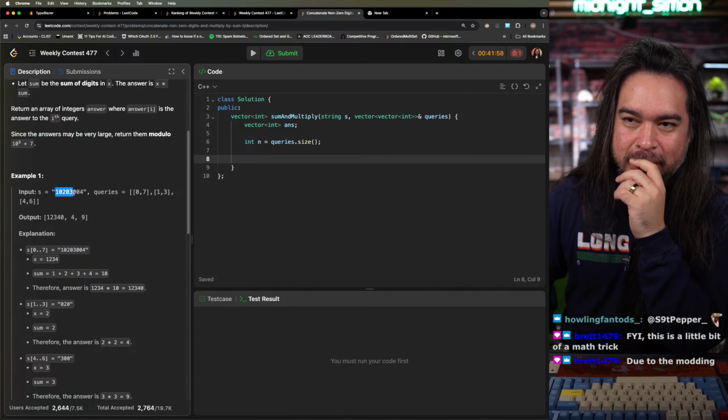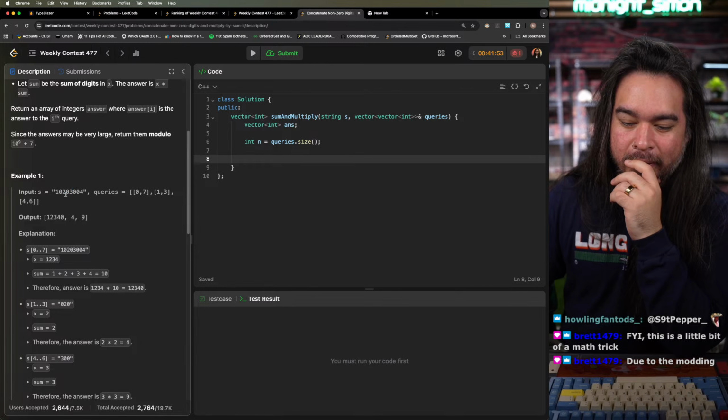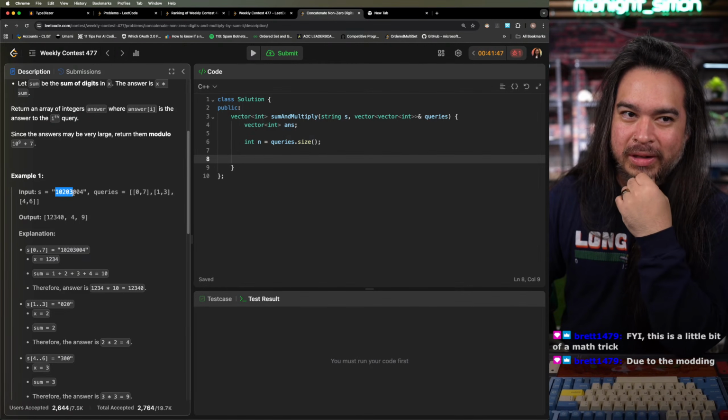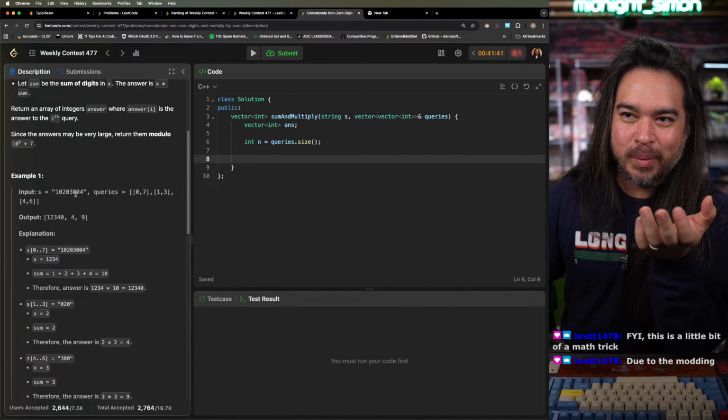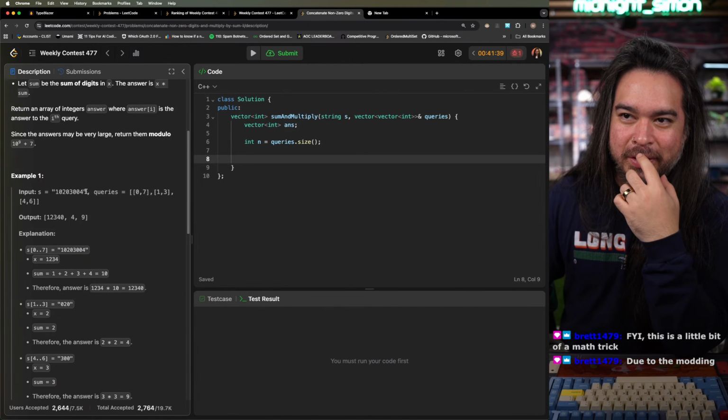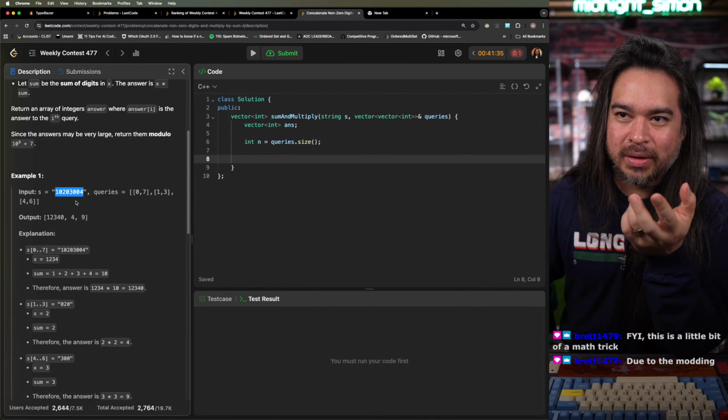Huh. Yeah, even knowing it's a math trick, I can't figure out, because we get this, that's the whole string. How do we arrive at 1, 2, 3, 4 from this?